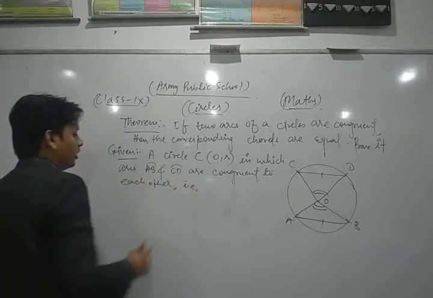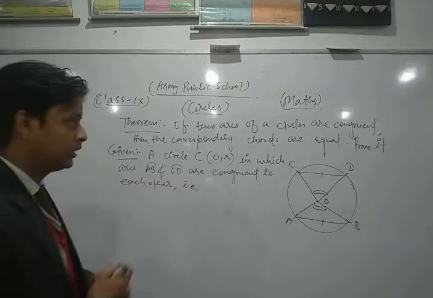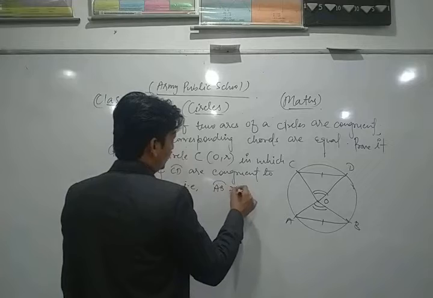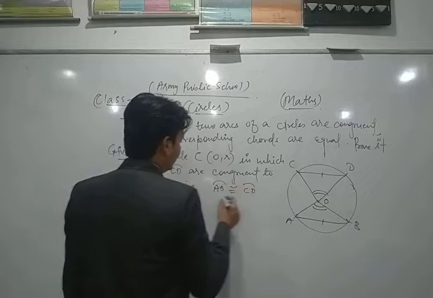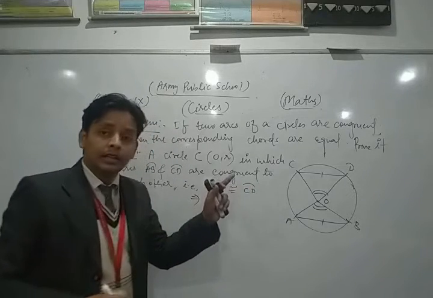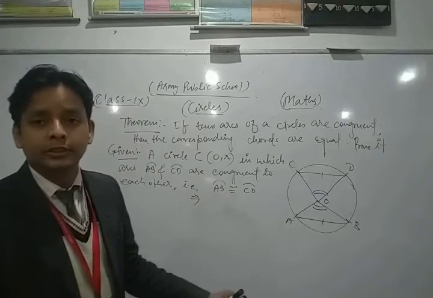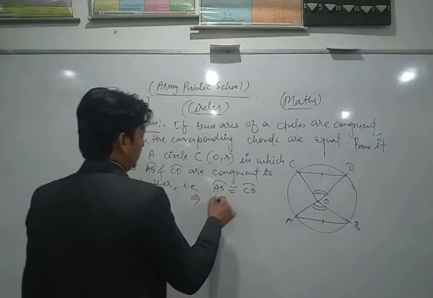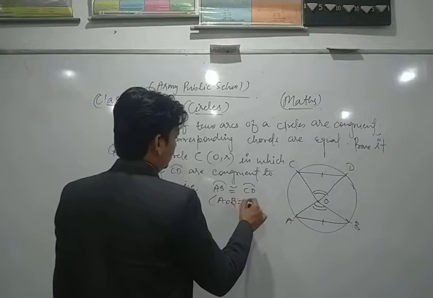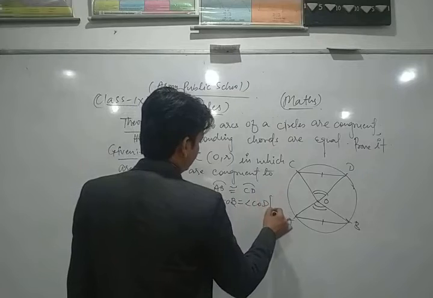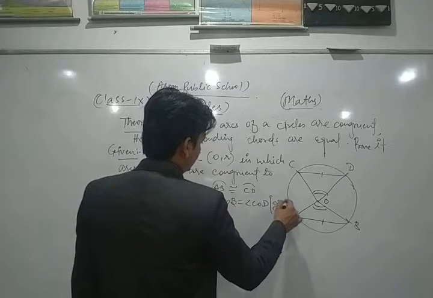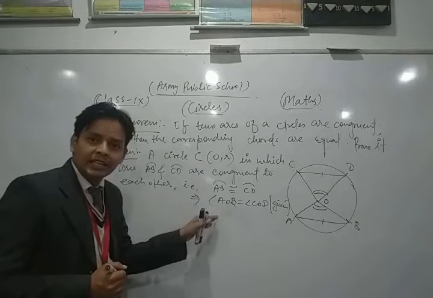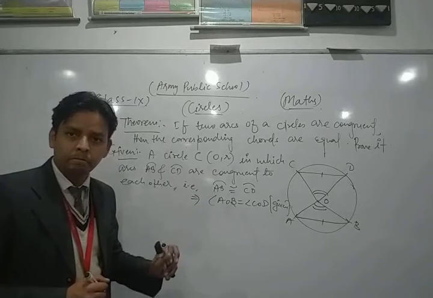Arc AB is congruent to arc CD means that both the arcs subtend equal angles at the center. That is, angle AOB is equal to angle COD. This is given, so we write these things in the given.